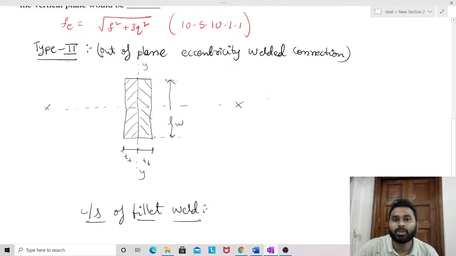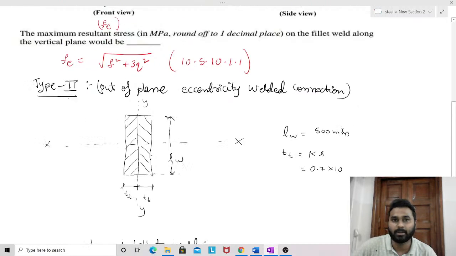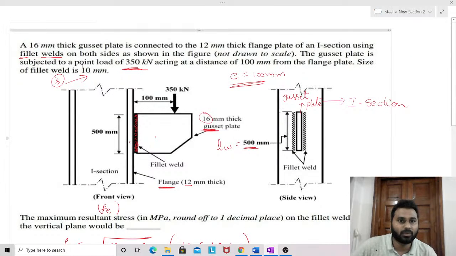Is that okay? In the question the length of the weld LW was mentioned as 500 mm, and for getting the throat thickness we know the KS formula mentioned in the code. Here K is 0.7 and S is 10, which was mentioned. This was the size of the fillet weld, 10 mm, and the length of the fillet weld is 500 mm.